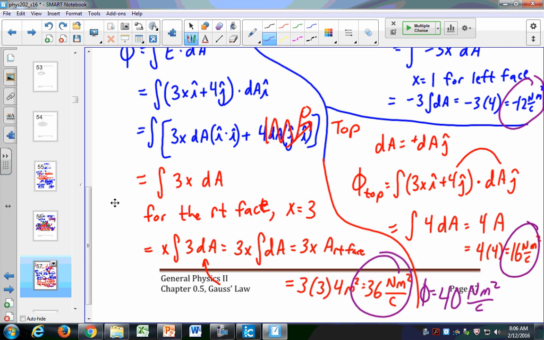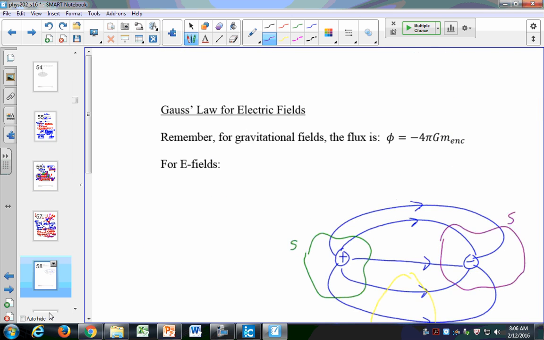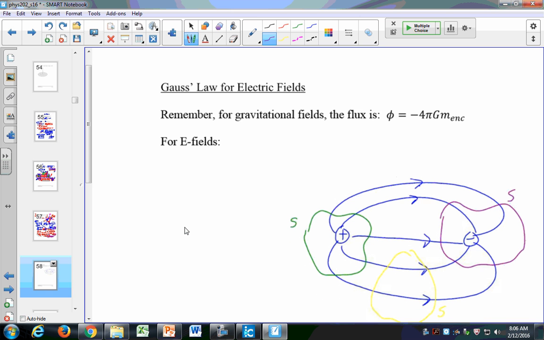All right, let's look at Gauss's law. Gauss's law is pretty simple. We had Gauss's law for gravitational fields, and if we found the flux due to our gravitational fields, then we can know what mass was enclosed in that Gaussian surface, that imaginary closed surface. You could determine the amount of mass inside of it by looking at the total gravitational flux from that surface.